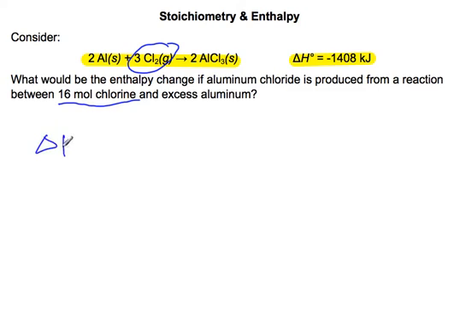We're looking for an enthalpy of reaction, so delta H rxn. We're given our standard enthalpy of reaction, that's negative 1408 kilojoules, and we're going to multiply it by a mole ratio. It's not really an equation factor, it's actually a mole ratio, but the mole ratio does come from one of the components of the equation.